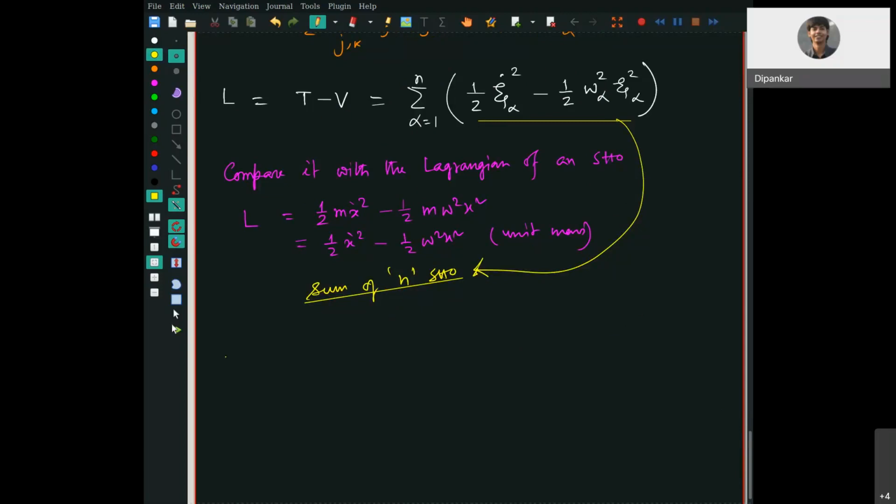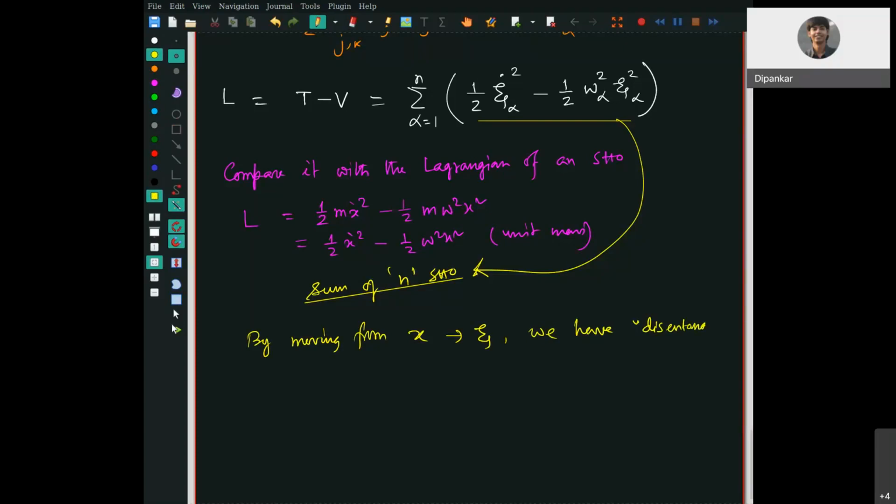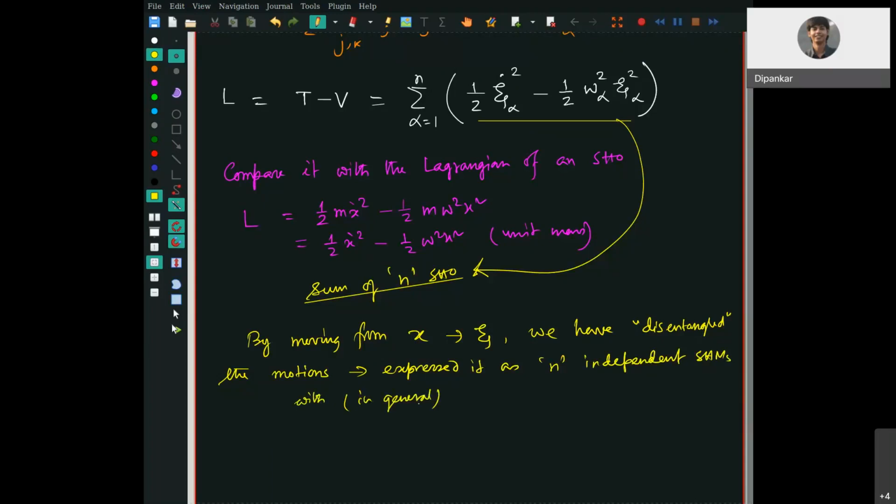By moving from x to xi, we have disentangled the motions, and we have expressed it as n independent simple harmonic motions with, in general, different frequencies.